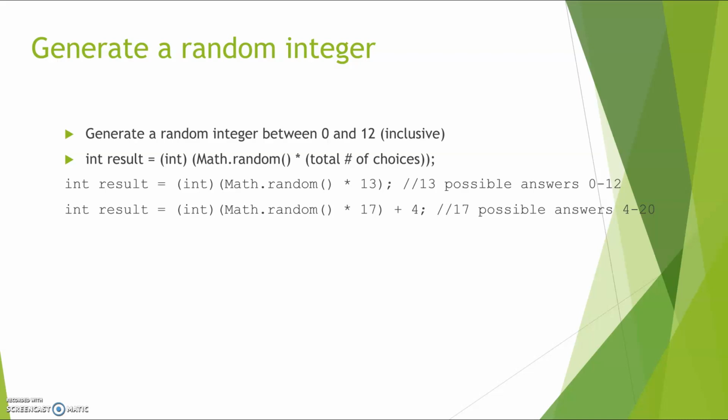Possible answers would be 0 to 12, and we cast that to an int. If we took Math.random() times 17 plus 4, that would return possible numbers between 4 and 20. What the plus 4 does is shift it off of the 0, so it bypasses 0, 1, 2, and 3, and it would start your random number choices at 4 and then give you the next 17.